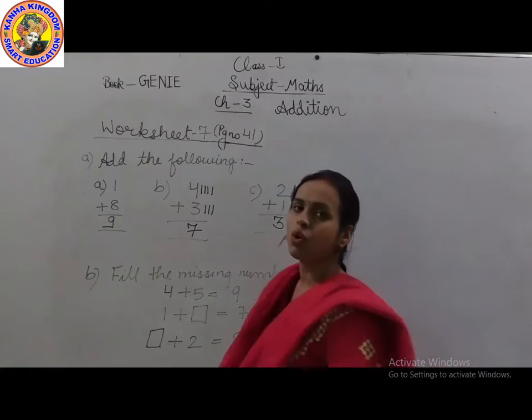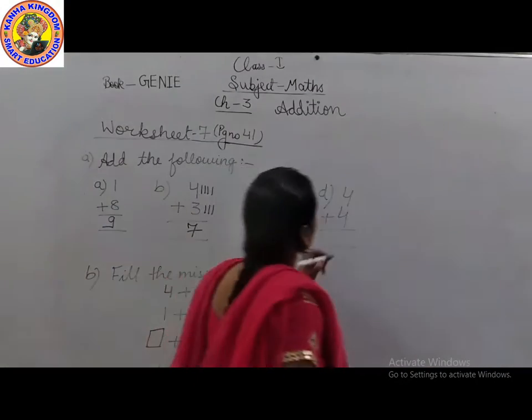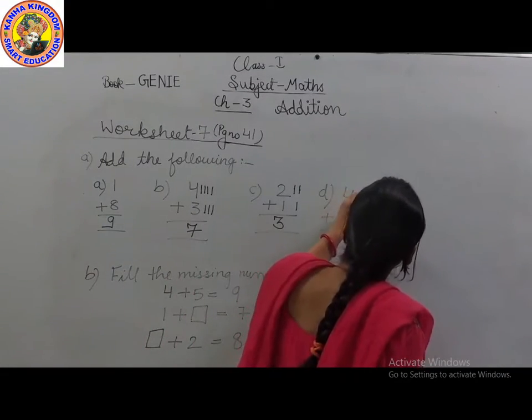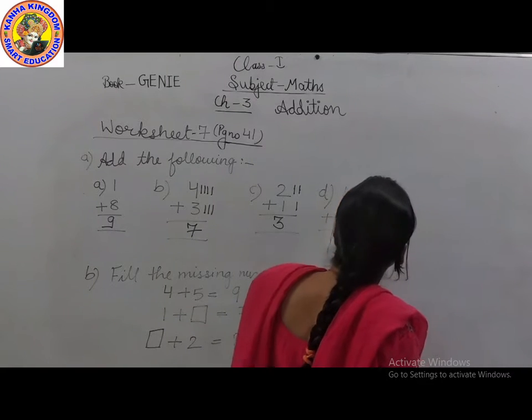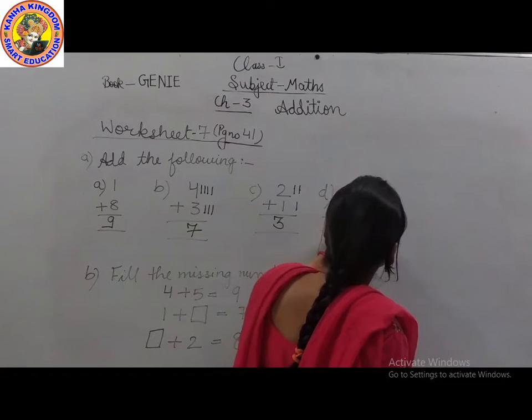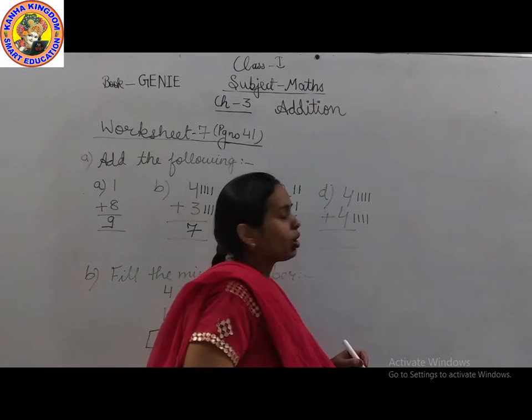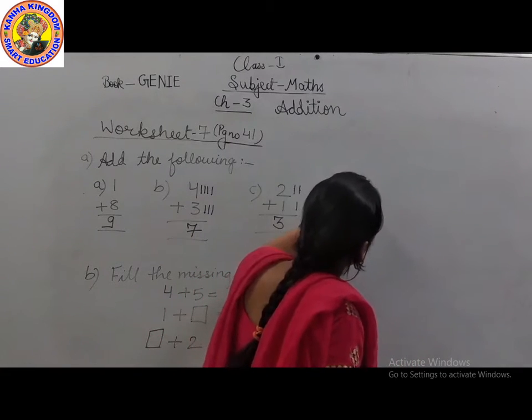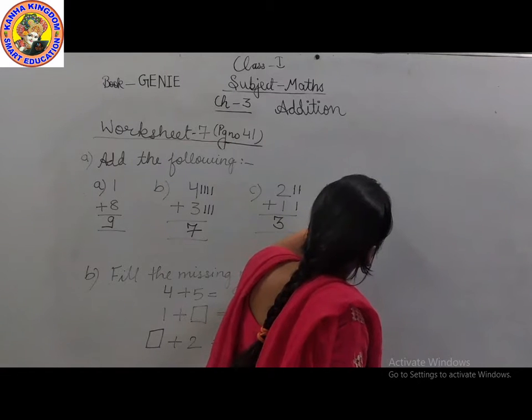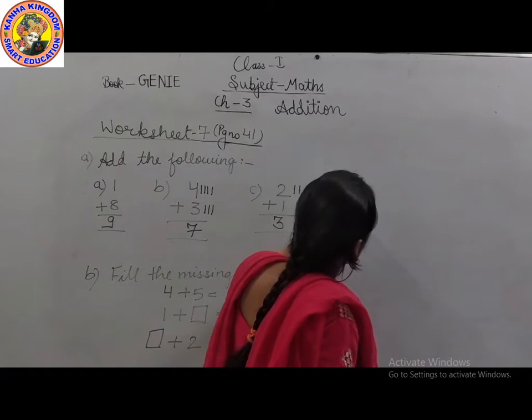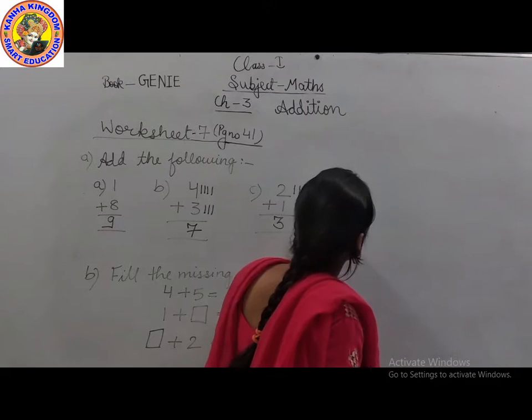Now next is 4 plus 4. So 1, 2, 3, 4. 1, 2, 3, 4. Count all the lines. 1, 2, 3, 4, 5, 6, 7, 8.